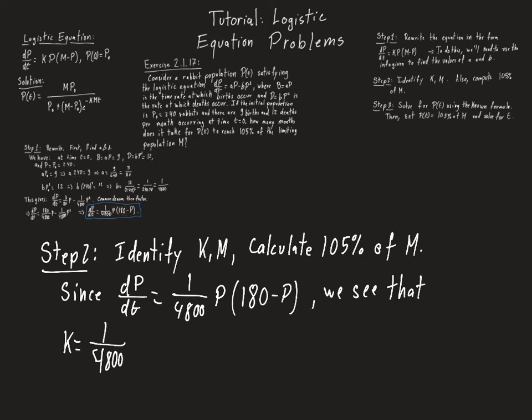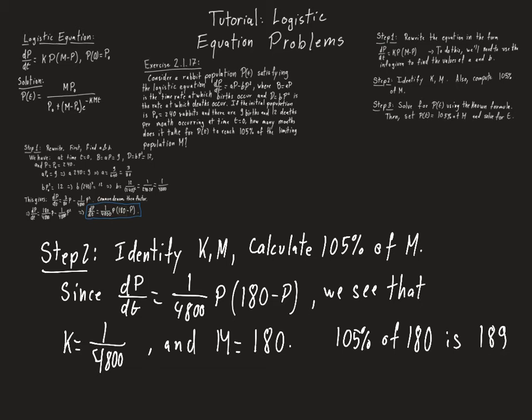That's totally normal in problems like these. And m is simply going to be equal to 180. Now we can see 105% of 180 is equal to 189. So that's the population that we're going to be interested in looking at in this problem.